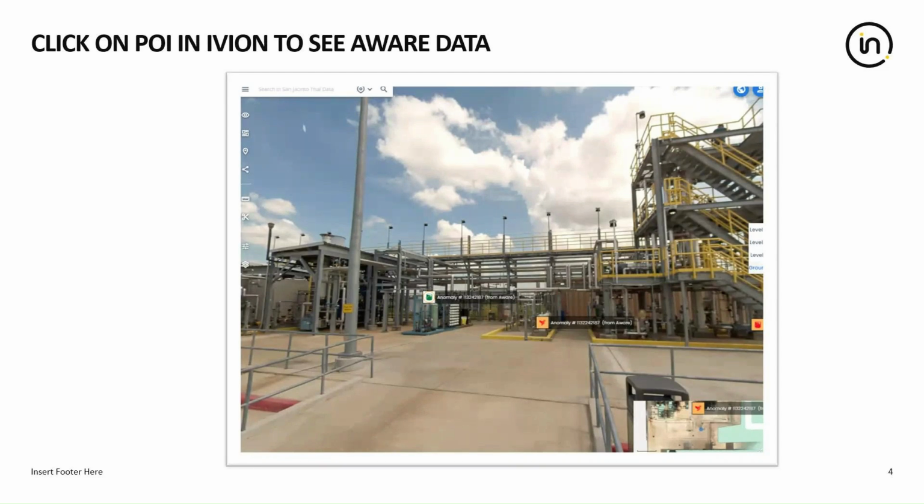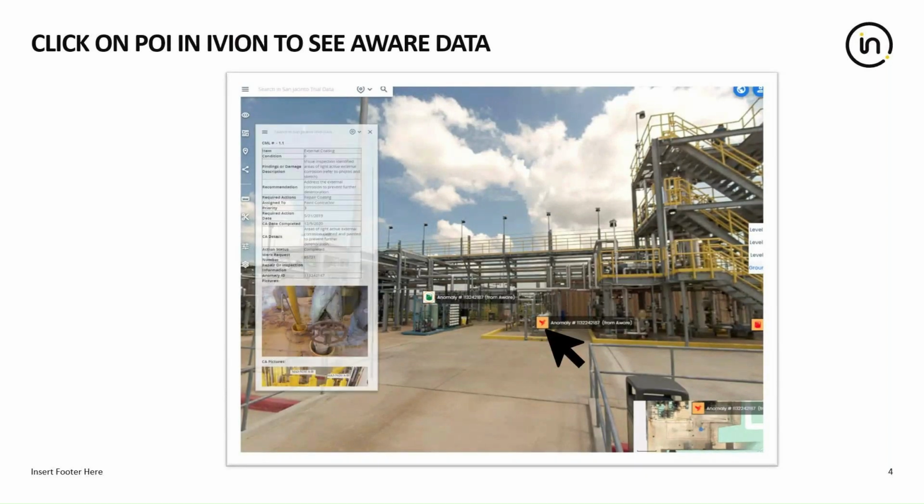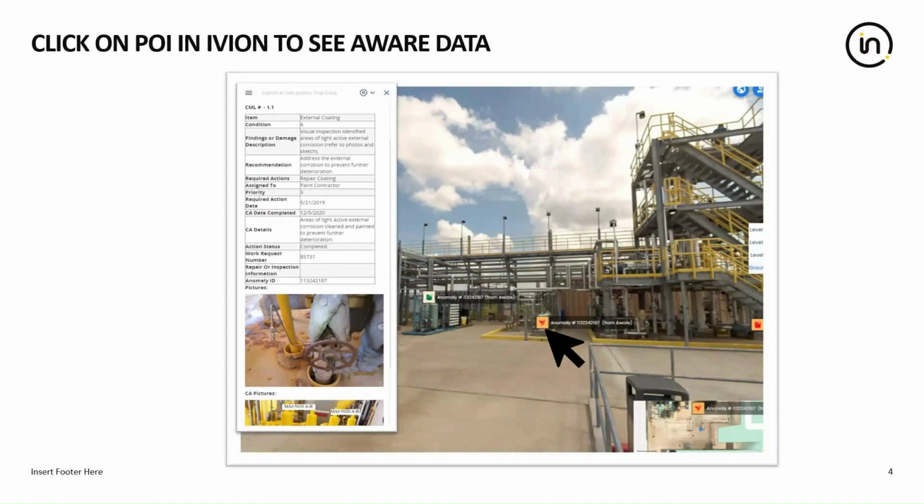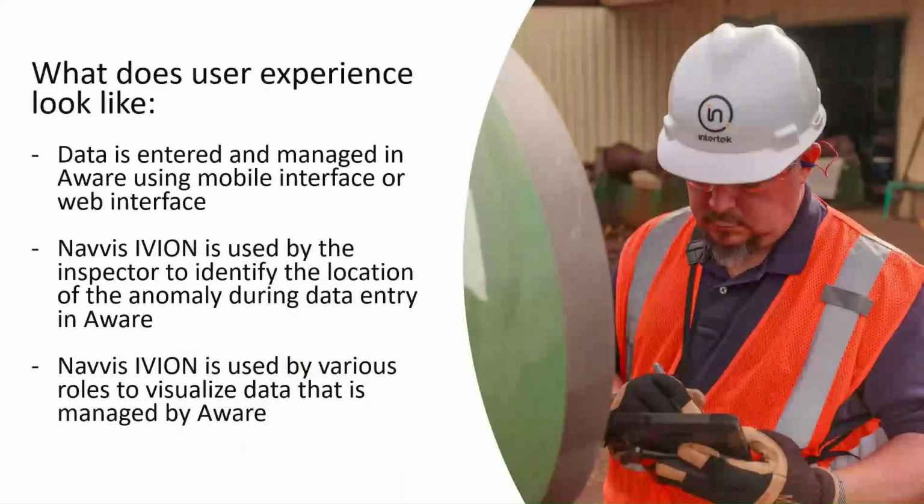So I think this is all the slides we're going to do. One more slide. What we also want to do is, as you're out, next one. Yeah, you can keep going one more, because I'll show this in real time. The whole idea is that you want users to be able to go out there and enter data and view data. The flow we designed was that all the real detailed data, the inspection data, the measurements, the pictures would be done in Aware.